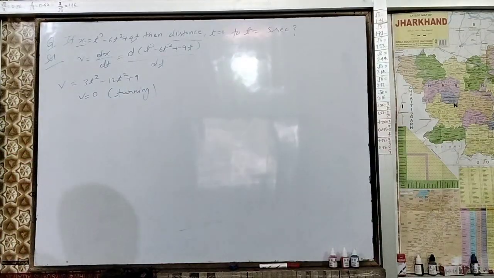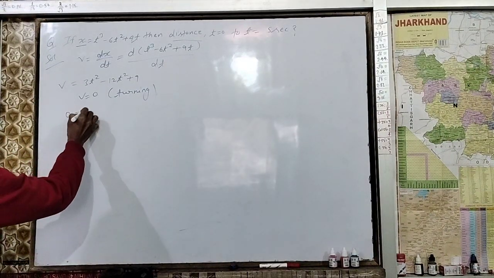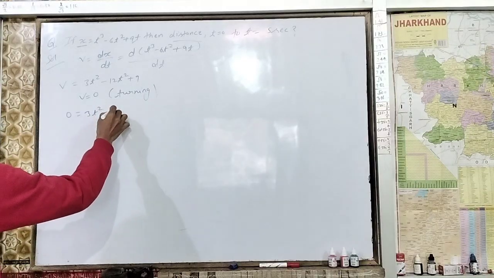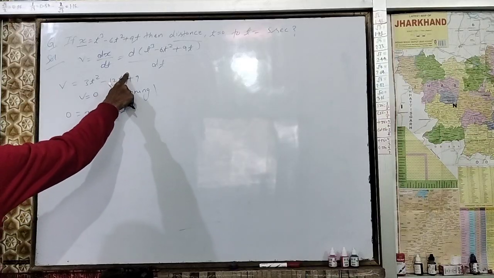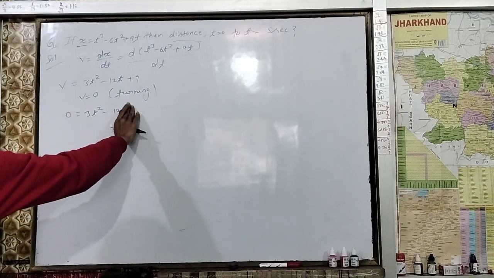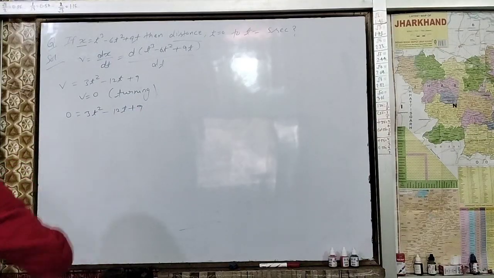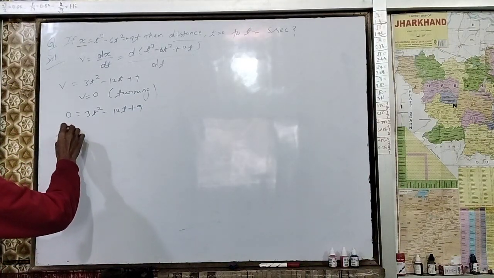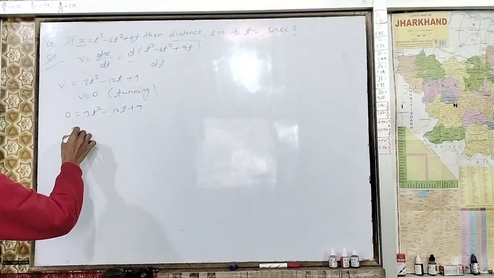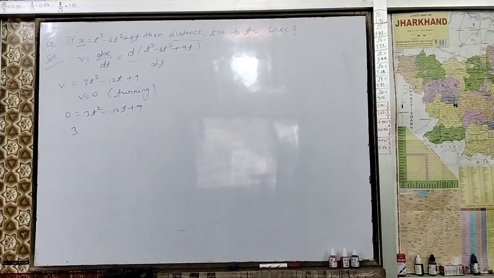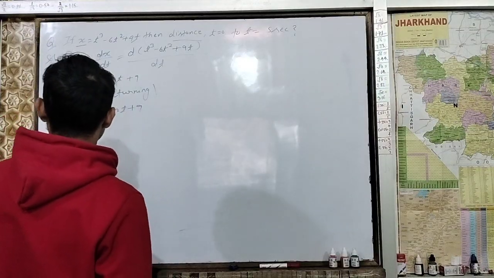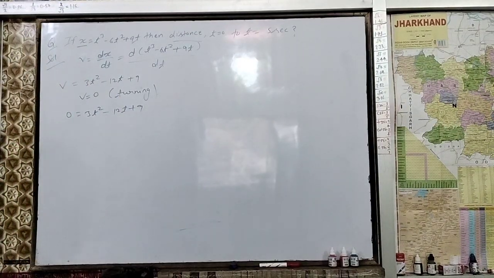At what second will v become 0? 0 is equal to 3t square minus 12t plus 9. This is our quadratic equation.